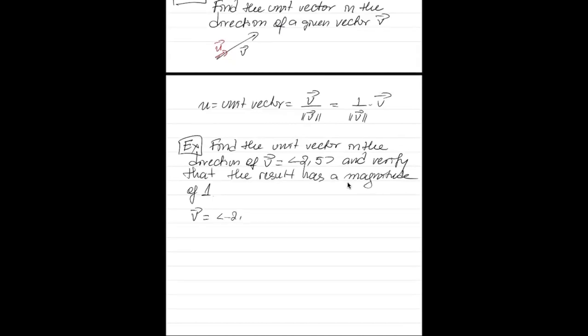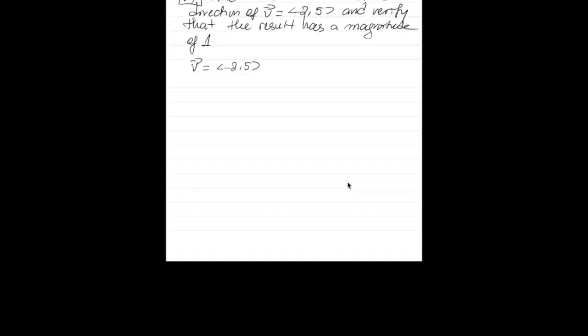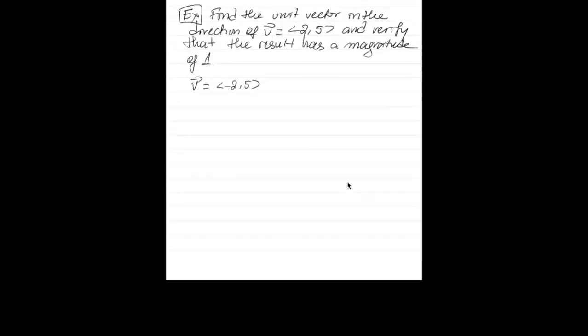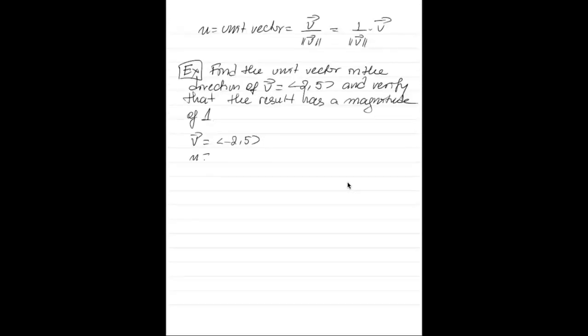Okay, so we have given vector v with components -2, 5. To find the unit vector, we are using a formula. So u is equal to the vector v divided by the magnitude of v. So our vector v is -2, 5, and we're dividing by the magnitude. We know how to find the magnitude, negative 2 squared plus 5 squared. So that's negative 2, 5 divided by square root of 4 plus 25, 29.